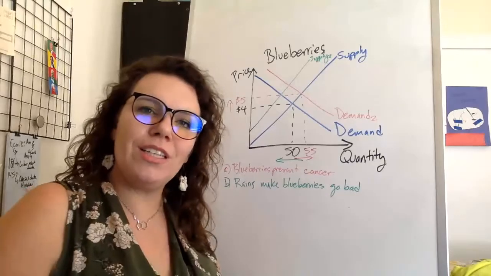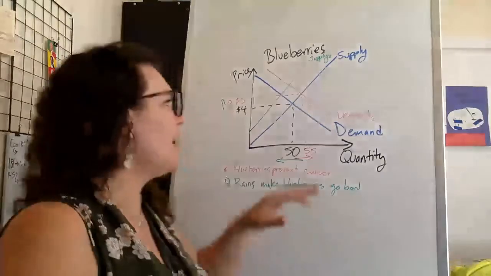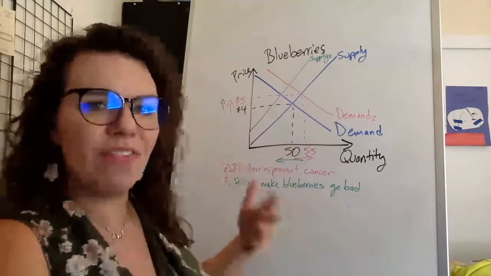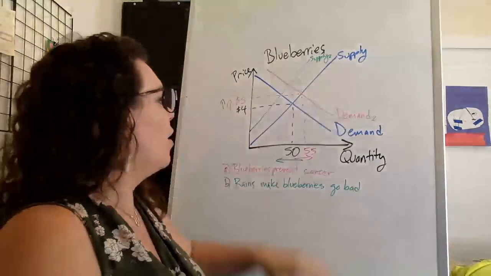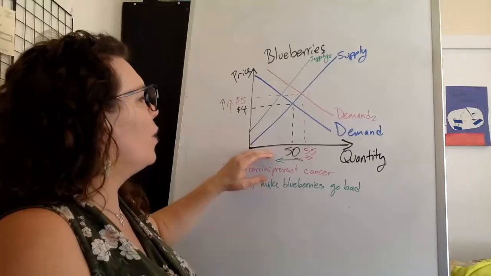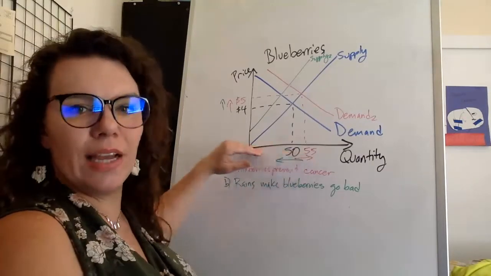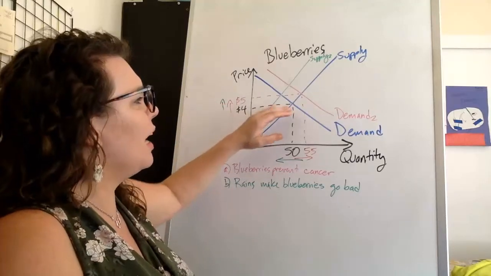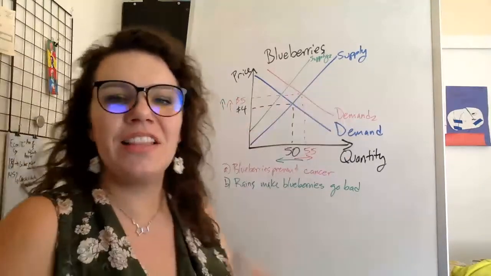And remember, when we talked about this in the slides, that when we move both the demand and the supply curve, we can have indeterminate effects. So regardless of what happened, we know that the quantity is going to go down and the price is going to go up. We don't know if it's going to be higher than this other price. That's not what's important.